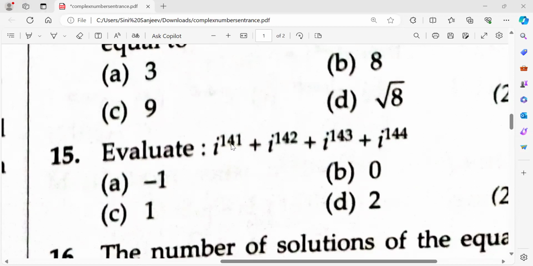Yeah. Question number 15. Please try this: i power 141, 142, 143, 144.